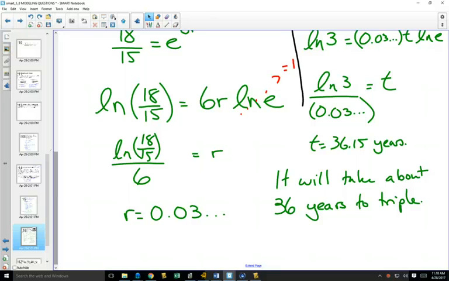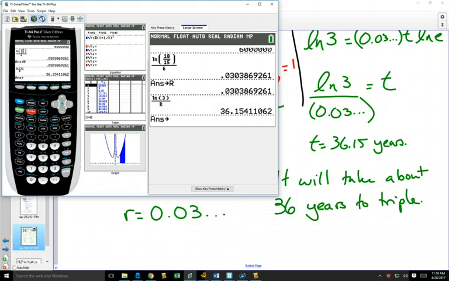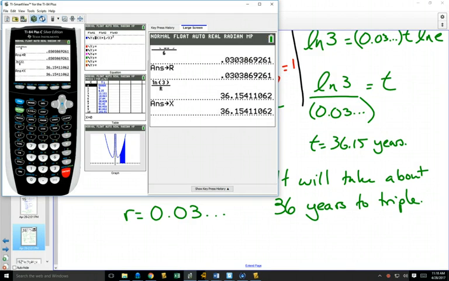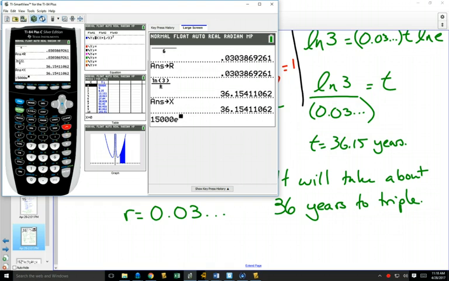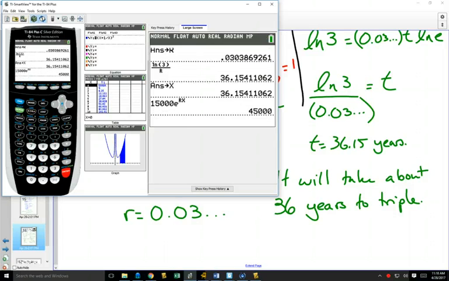And of course, you could now store this value as x and check if it works out. Does 15,000 e to the power of r times x equal to 45,000? Yes. Kind of neat because we can store two different values into our calculator.